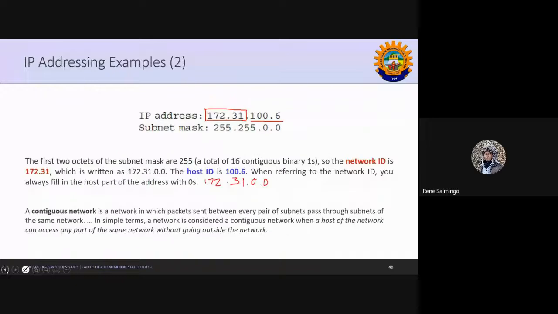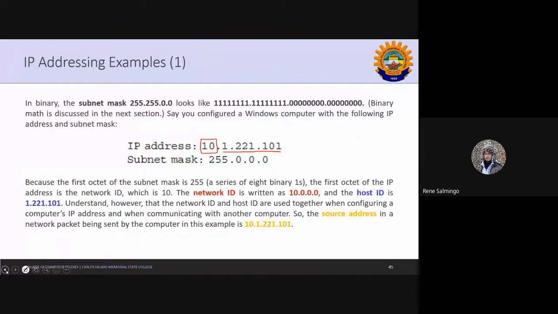For every class, we will identify the CIDR. For class A, what is the CIDR?